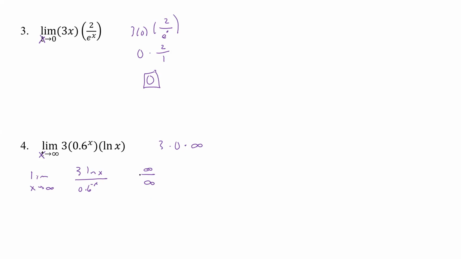So what does that mean we have to do? We have to take this derivative, okay? So that says, limit as x approaches infinity of 3 over x, because the derivative of ln of x is just 1 over x, and so we'll just have 3 over x in the numerator. Now the denominator. Okay, well, we're going to have to take the ln of that, and that's going to be the negative 1 in front of it.